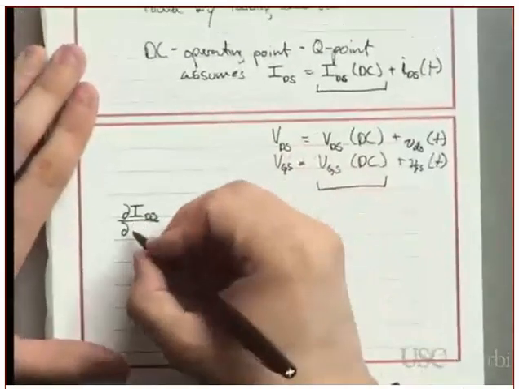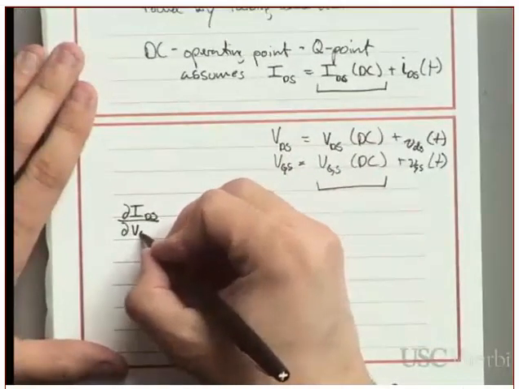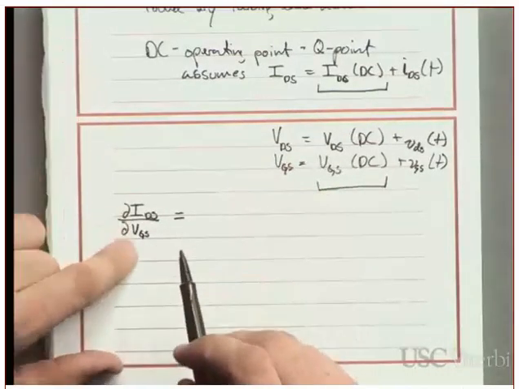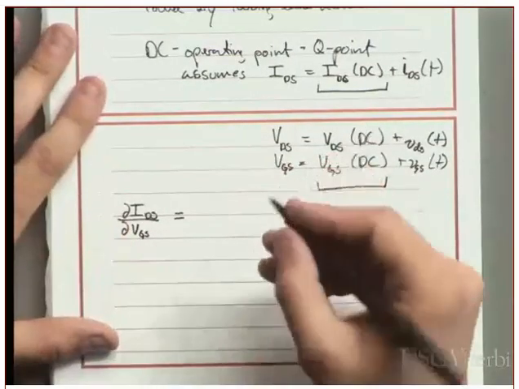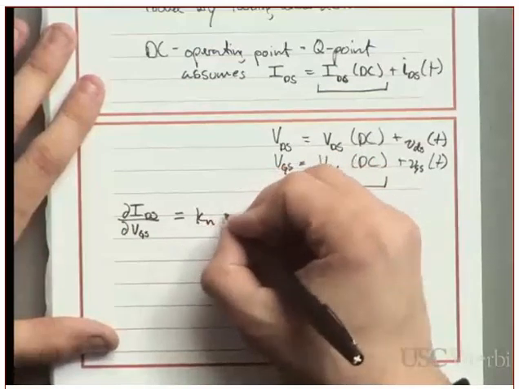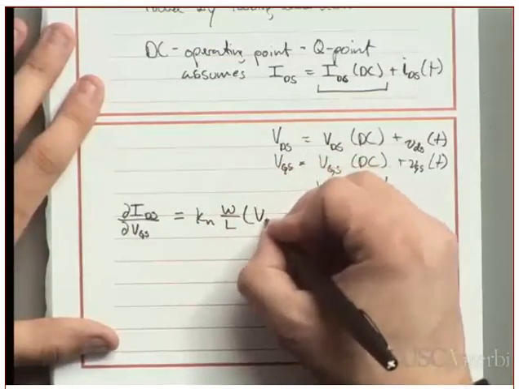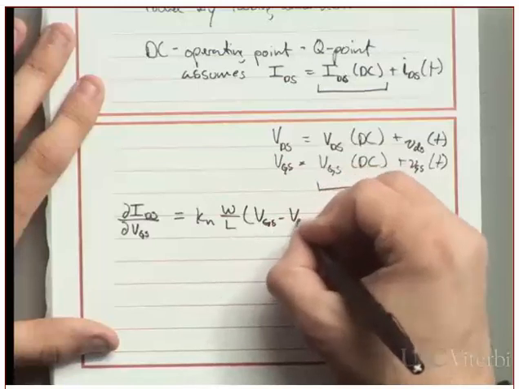So here's one that is very important, the derivative of IDS with respect to VGS. If I work through the derivative from above, I get this.